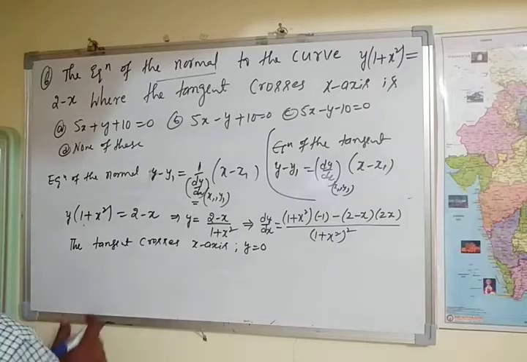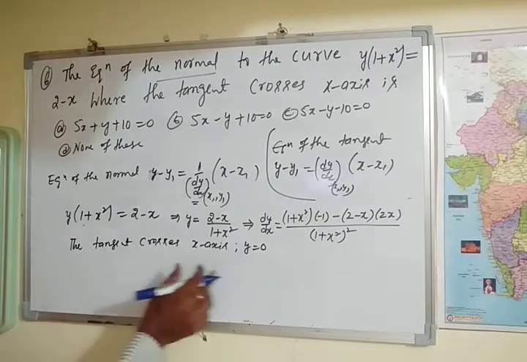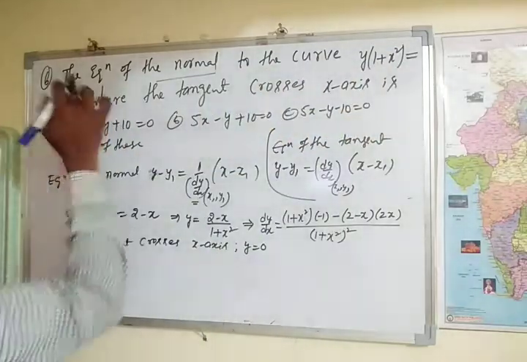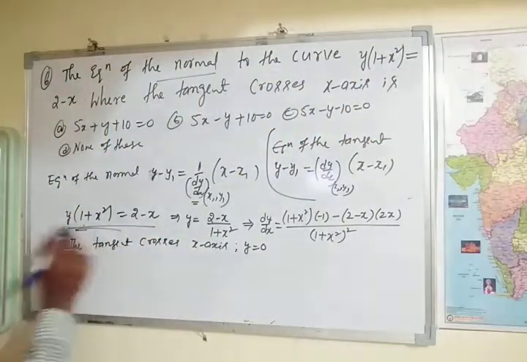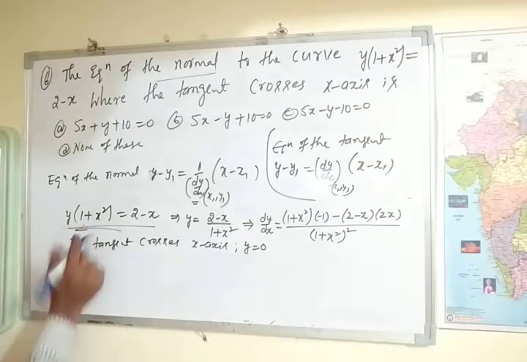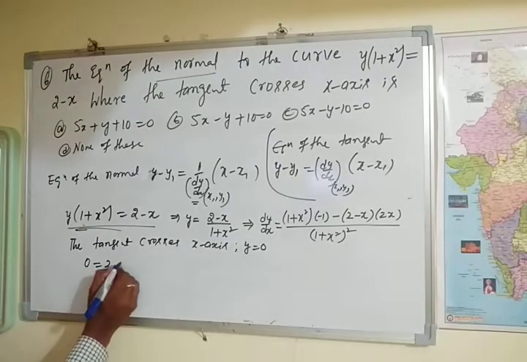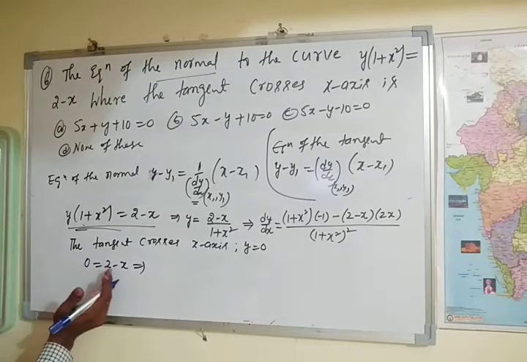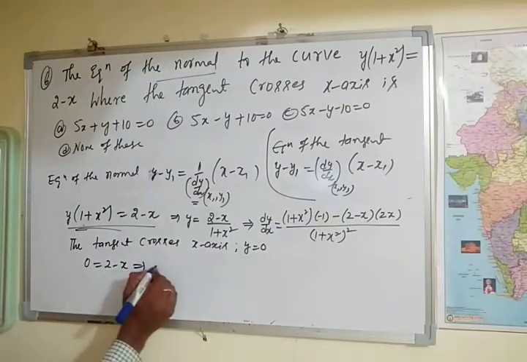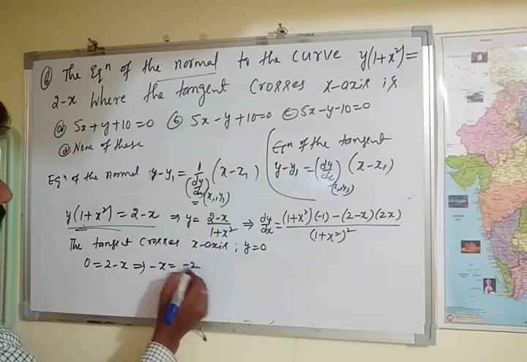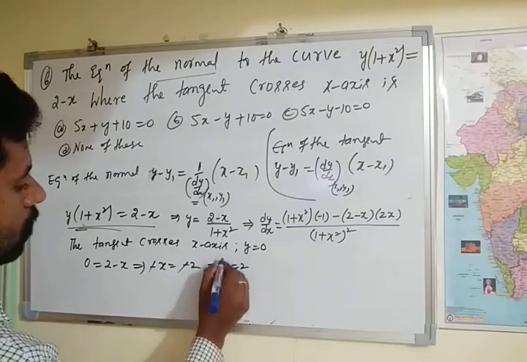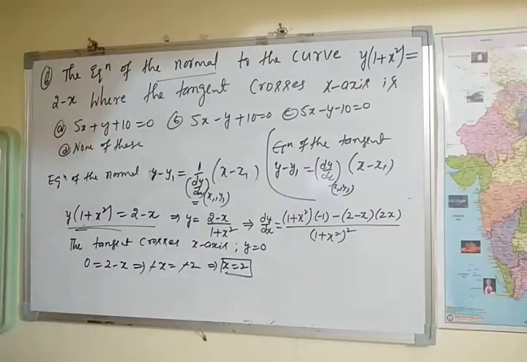Here we have the curve y(1 plus x square) is equals to 2 minus x. y is 0 means 0 into (1 plus x square) is 0. Here we get 0 is equals to 2 minus x. Take this 2 to the left hand side, we get minus 2. Minus x is equals to minus 2. Minus minus gets cancelled. This implies x equals to 2. So x is 2, y is equals to 0.